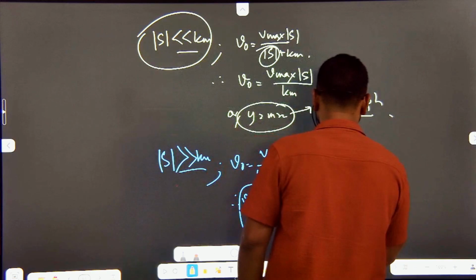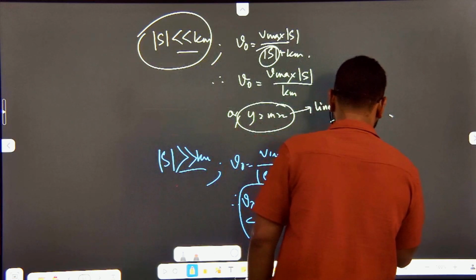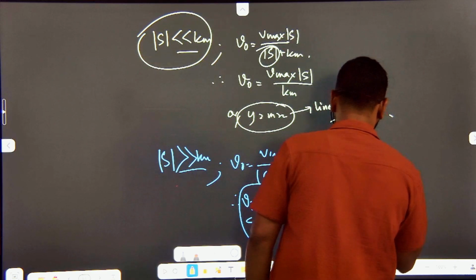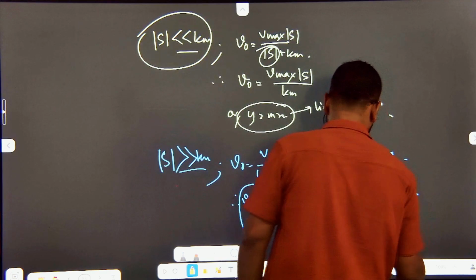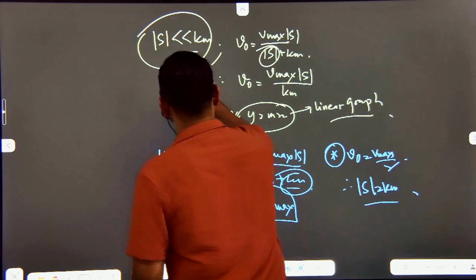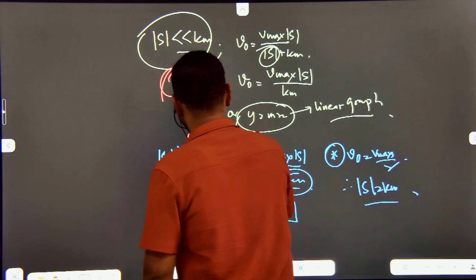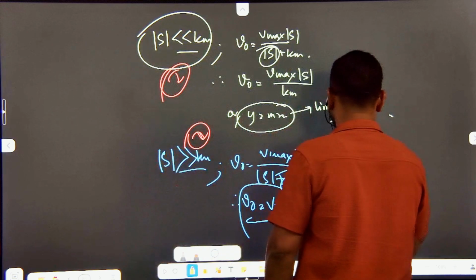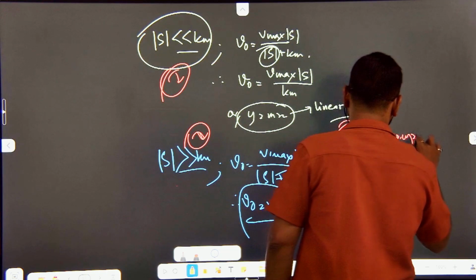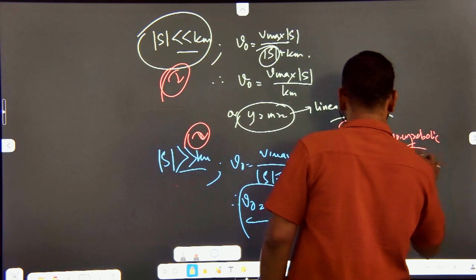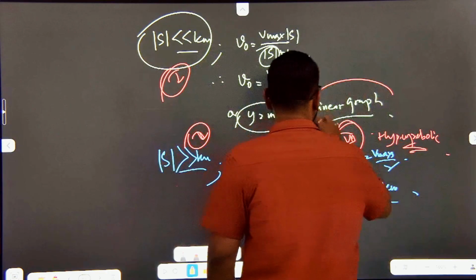And the third but not the least condition: V naught equals Vmax by 2 when substrate concentration equals Km. So these are the three conditions: condition 1, condition 2, condition 3. This shows a hyperbolic graph. This shows a linear graph.